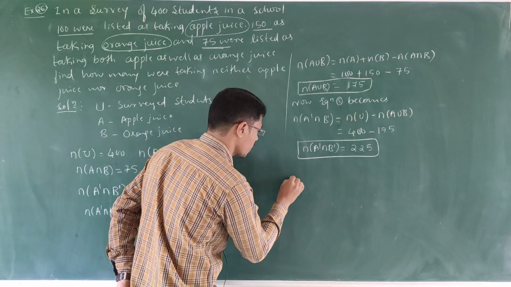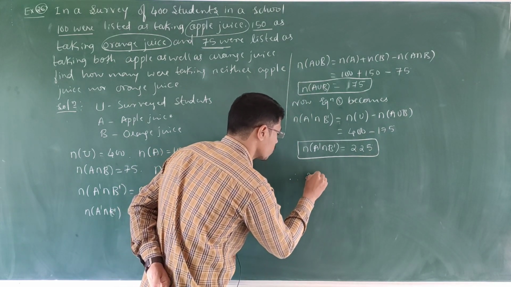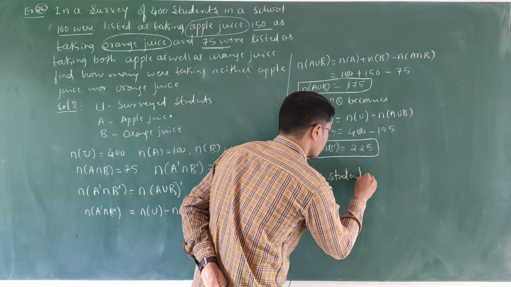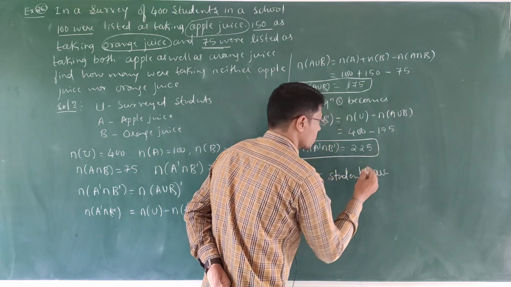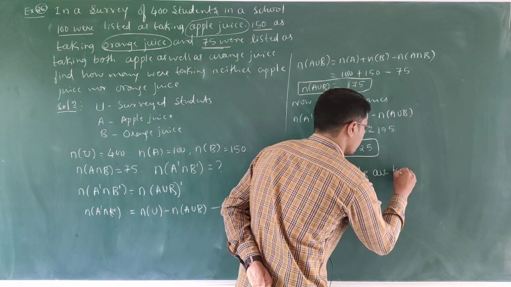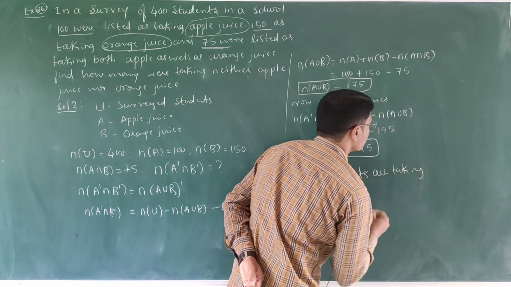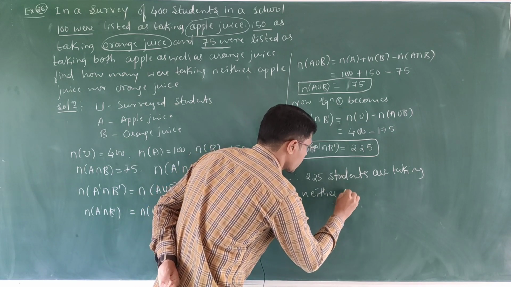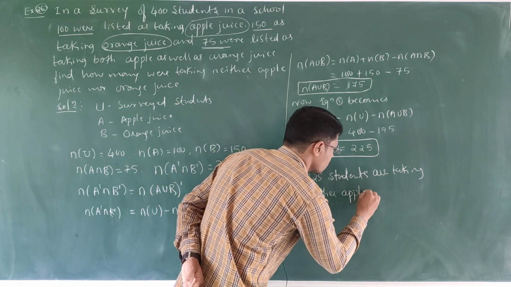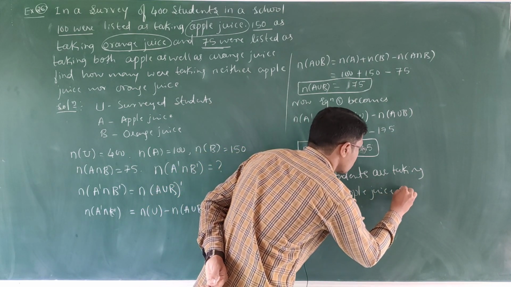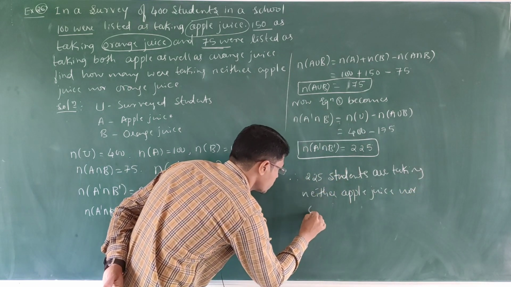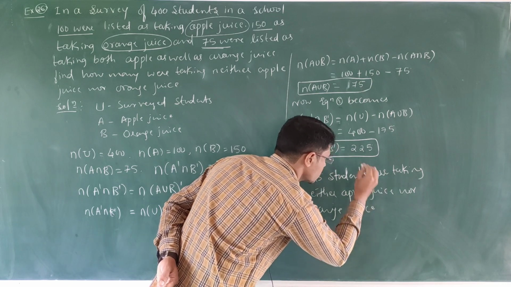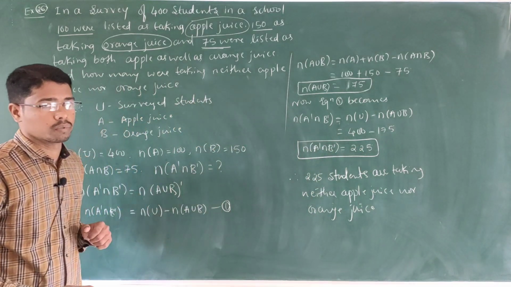So therefore 225 students are taking neither apple juice nor orange juice. So this is the conclusion of the problem, okay.